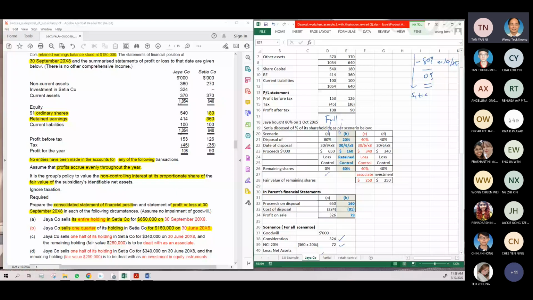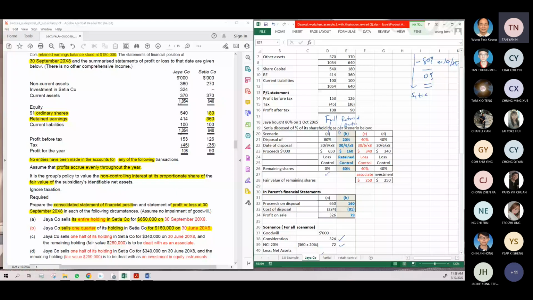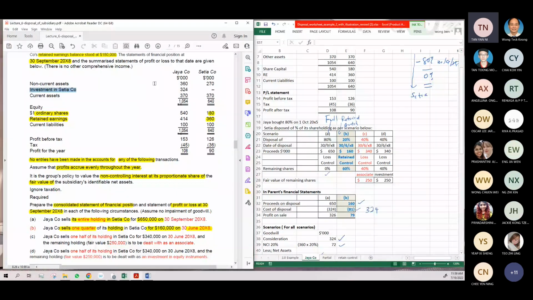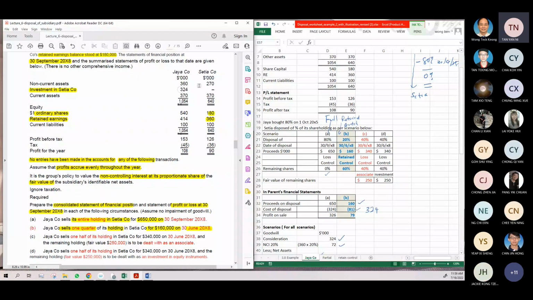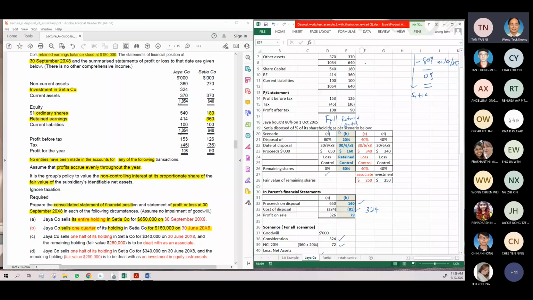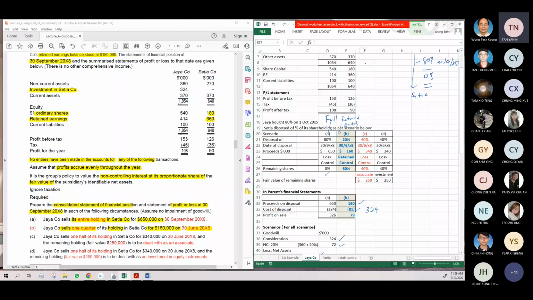It's a movement where you sell 20%, 1/4 of the 80%, so you still keep 60%. You sell for 160, so in the parent's book, 160 is sold off. It cost you 81,000. Remember, the parent bought it at 324, as you can see from here. So you take 20% of it, 1/4 of the 80%.